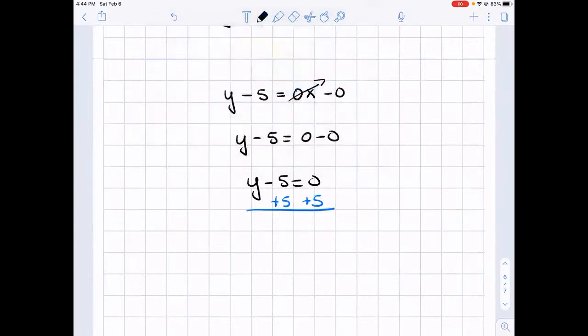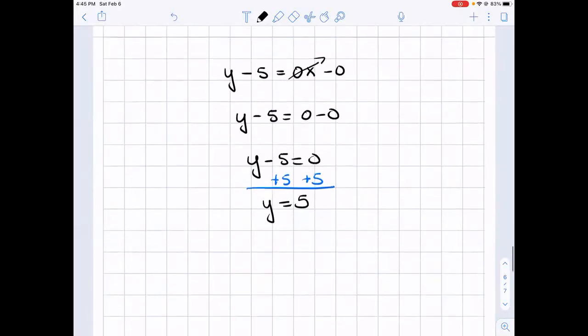Now, if you recall from one of the prior videos, we had said that the equation of any horizontal line is always in the form y equals some constant or some integer. Okay? So we knew that the equation has to be y equal for a horizontal line.